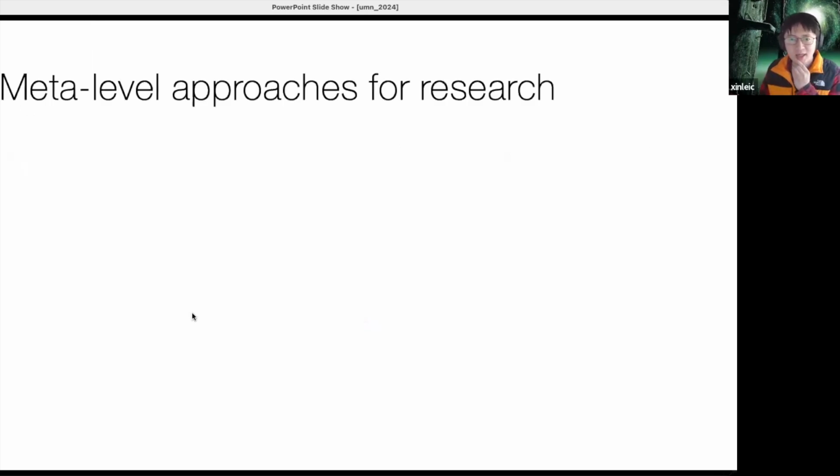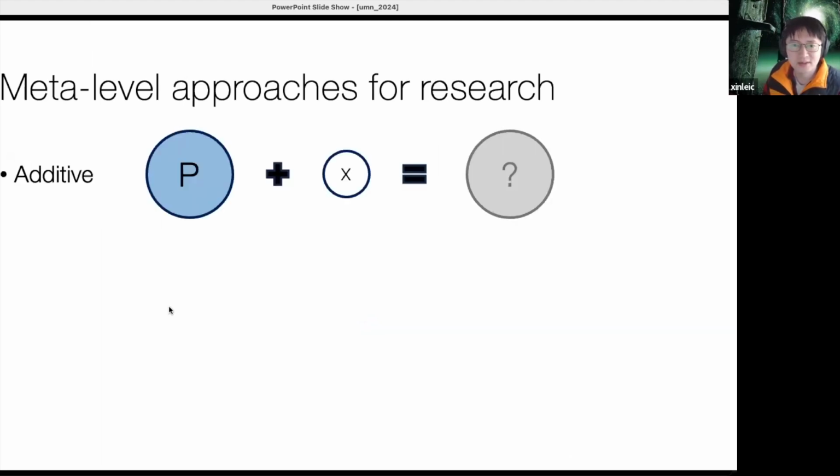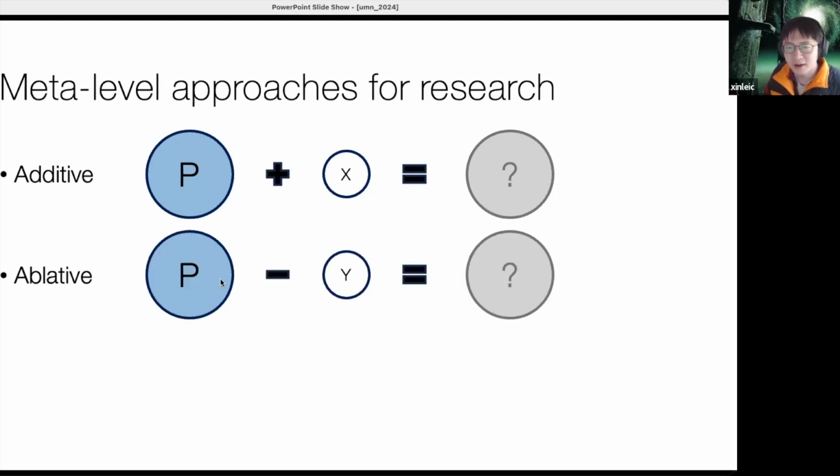To me, for some research that comes out as an approach, there are 3 ways. The first way is additive. So it's like P plus something. Let's see how it performs. The other one is ablative.